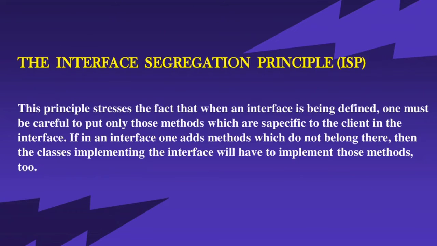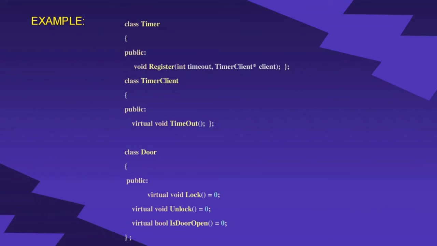Next, we are going to see about the interface segregation principle. This principle stresses the fact that when an interface is being defined, one must be careful to put only those methods which are specific to the client interface. Interface segregation means clients should not be forced to depend on general methods. So this is an example for the interface segregation principle.